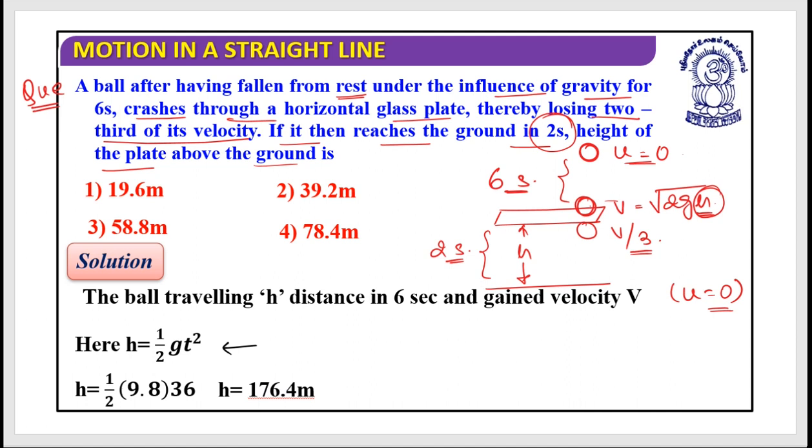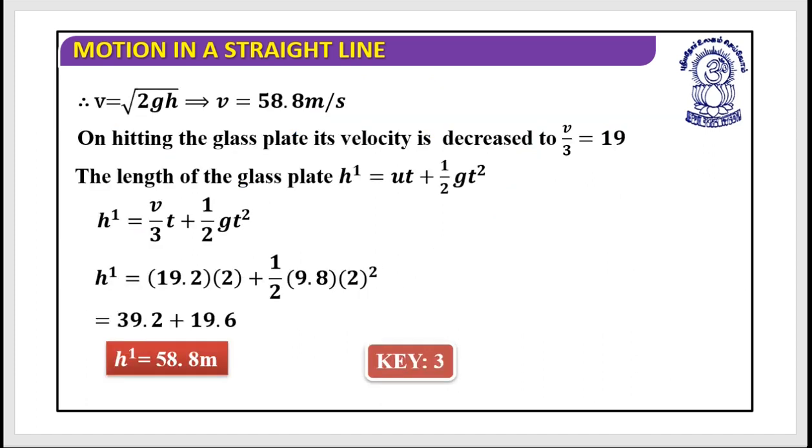Now g, I have not been permitted to take as 10, so I should go with 9.8. So this is 1 by 2 multiplied by 9.8 multiplied by the square of 6, which is 36. So h would be equal to 176.4 meter. Now as I have h, I can calculate the velocity, v equals root of 2gh. If I put in the values and solve this, it would be 58.8 meter per second.